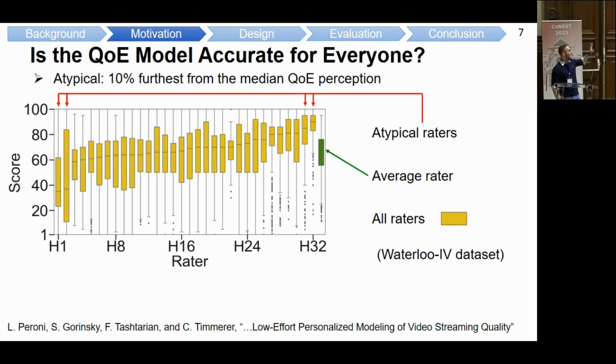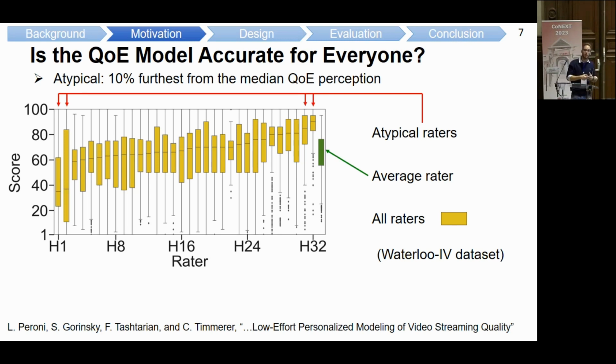In this slide, we are representing the score distributions of 32 users from the Waterloo 4 dataset, represented as boxes, and we have highlighted in green the average rater. As we can see, the score distribution of the viewers is quite different from the one of the average rater.